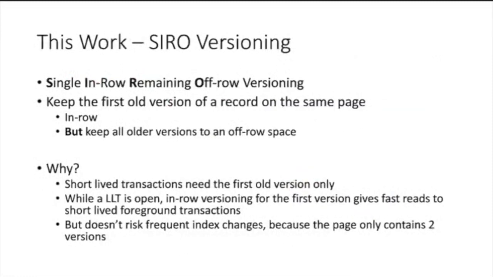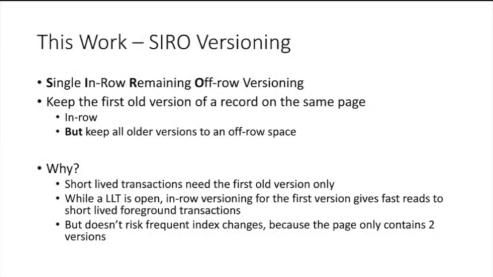So in this work, they proposed something called zero versioning, or ZIRO, and it stands for single in-row remaining off-row versioning. The general idea is that we only keep the first old version of a record on the same page as the latest version.